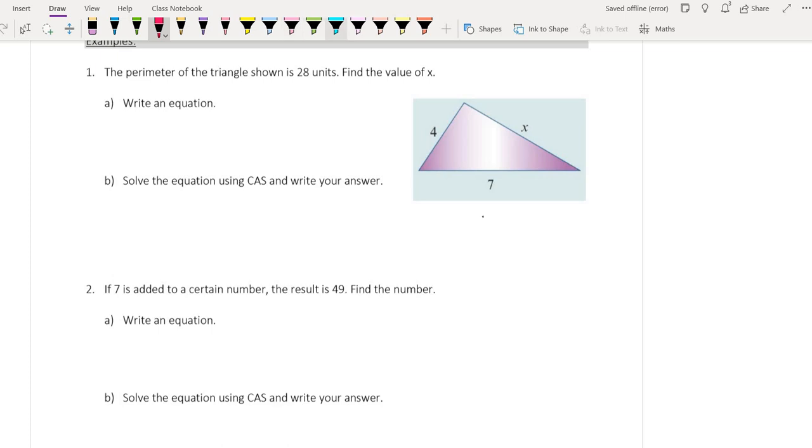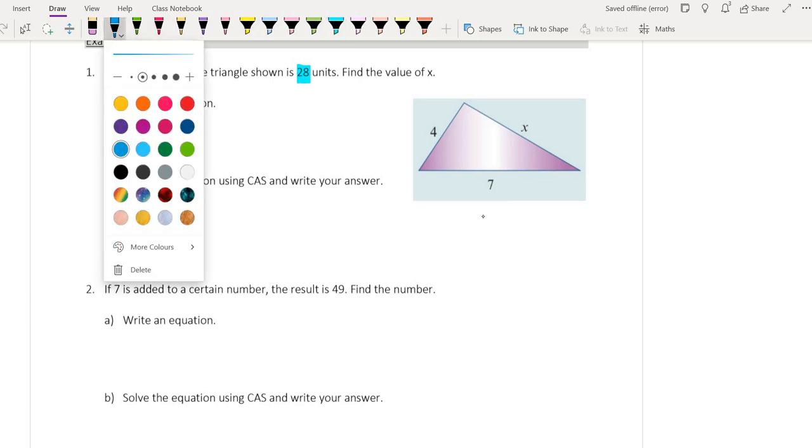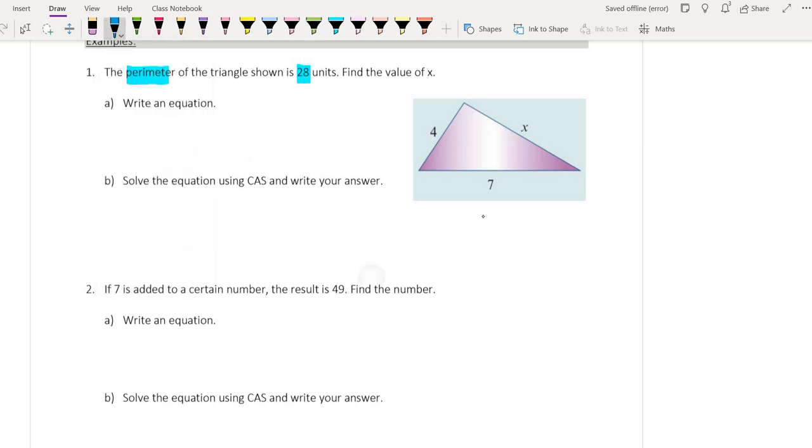So in this first question, we don't have to define the variable. It's given to you as x, and it obviously is this side length of this triangle. It tells you the perimeter of this triangle is 28 units. So perimeter is all of these lengths added up together. So we know from the context of the question, when we add 4, 7, and x all together, we have to get 28.